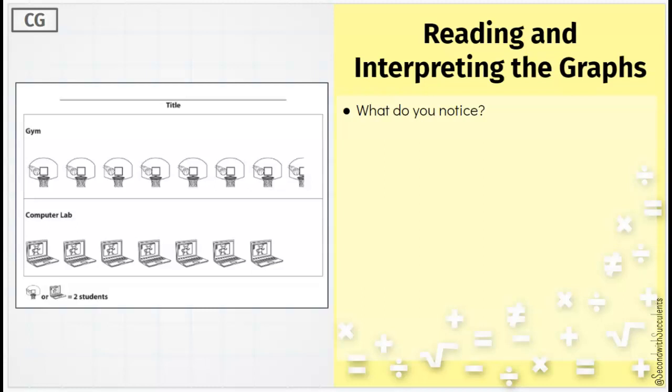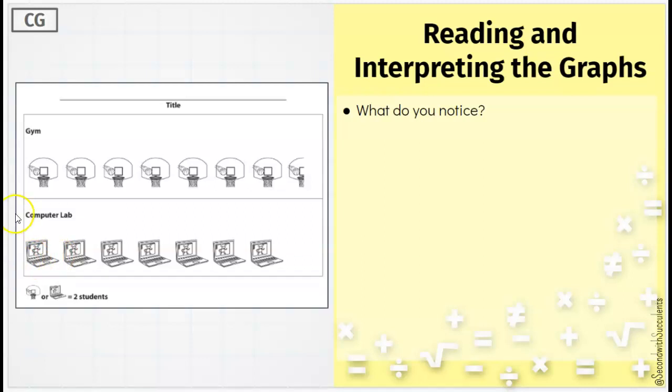You may also have noticed that we have two rows in our graph, but we don't have any columns this time. You may also have noticed that we have pictures, one of a basketball hoop and another of a computer, and these pictures are repeated quite a few times.